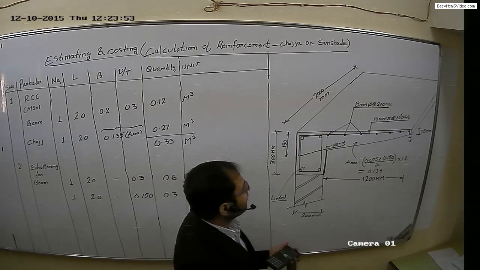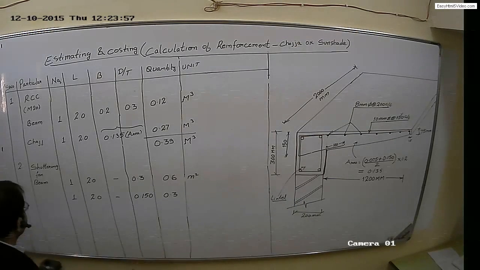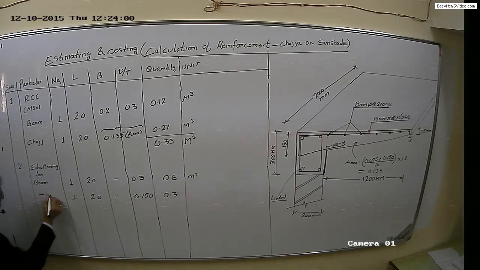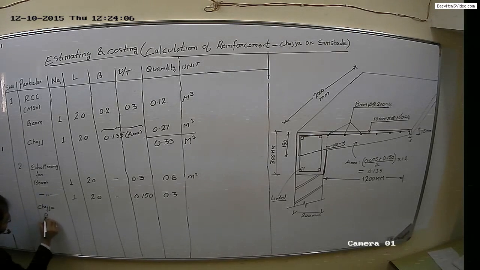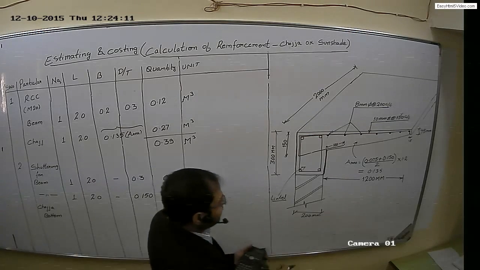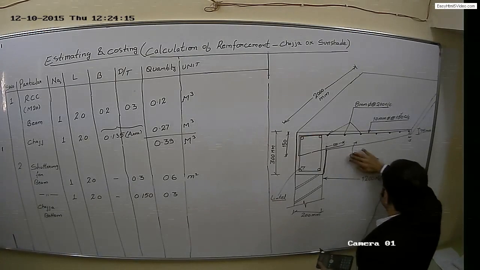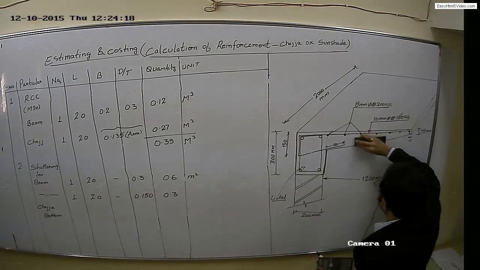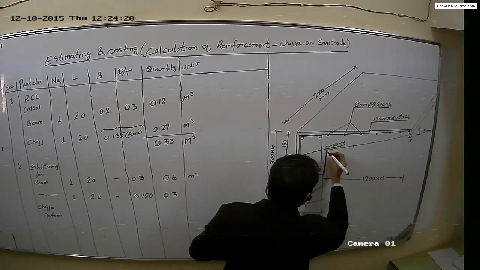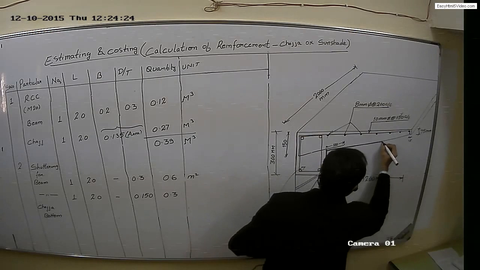Okay. Now coming to the Chajja portion. Chajja bottom. Now we are considering this particular face for providing shuttering.